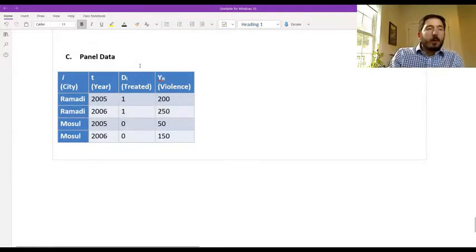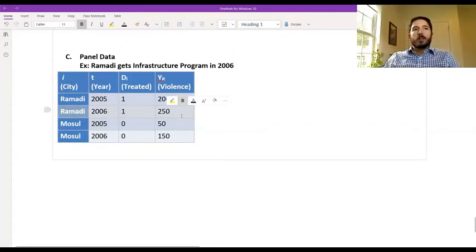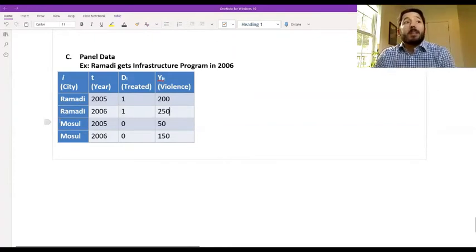So for our example, we're going to say Ramadi gets the infrastructure program in 2006, and so they're treated in 2006. We want to get at what would have happened to them in 2006 if not for the treatment, and we're going to use the panel nature of this data along with our difference in differences assumption to try to build that counterfactual.